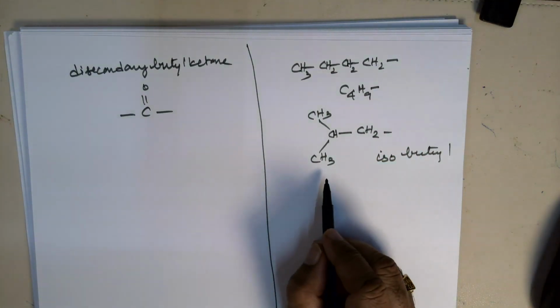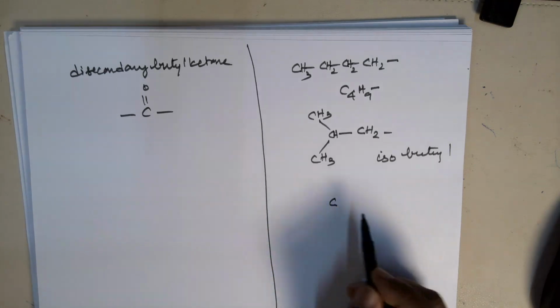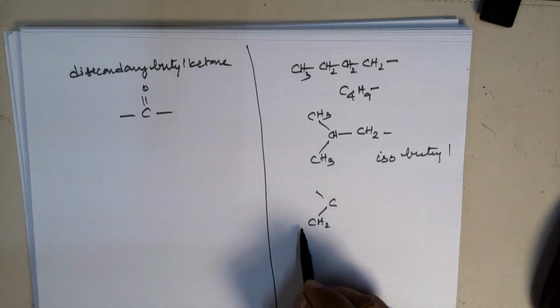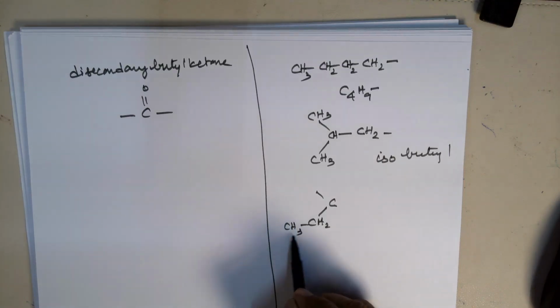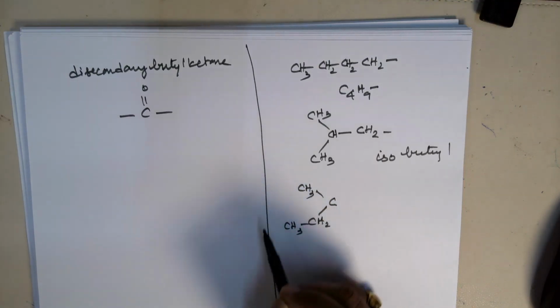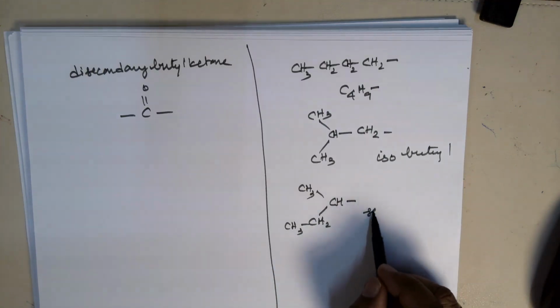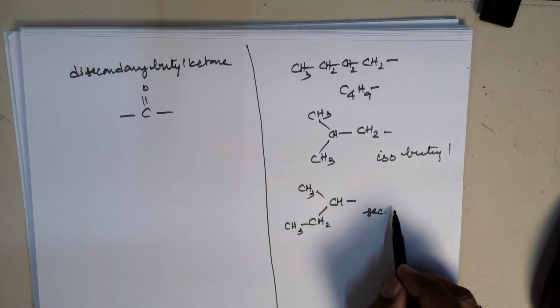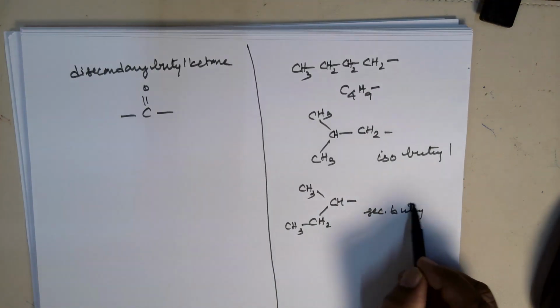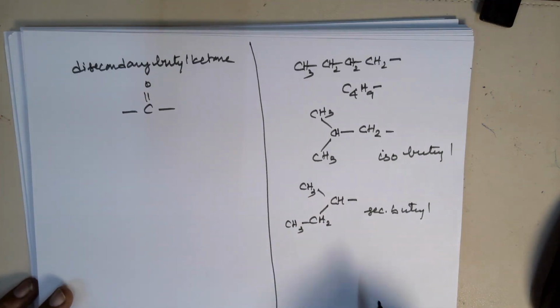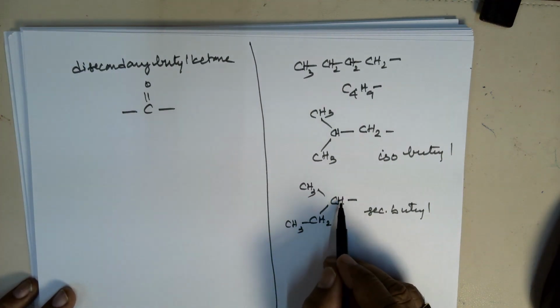Secondary butyl means C, CH2, CH3, CH3. So this means secondary butyl. Okay. Now it is di-secondary butyl. So it is connected through the C=O.